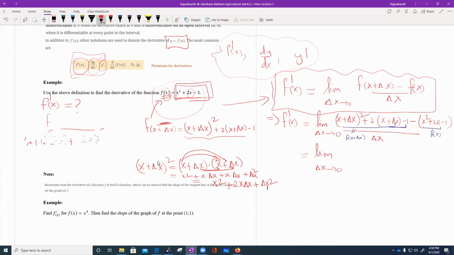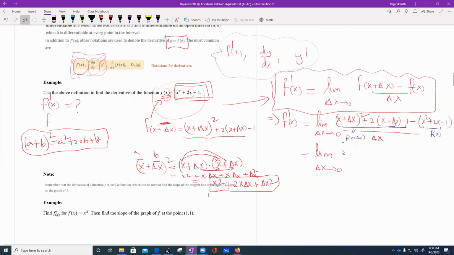Do you remember this? Say yes or no. Yes. I'm using simply that formula, so my x is now a and my delta x is b. If you use that formula, you will come across that expansion I wanted here.